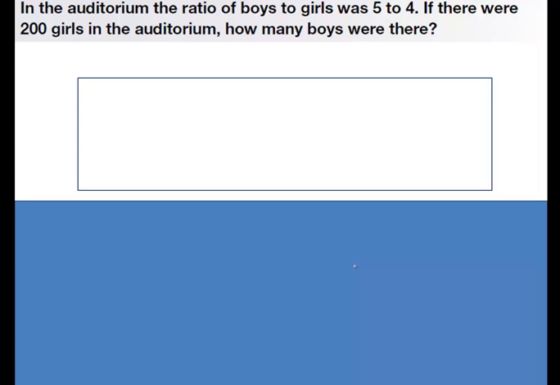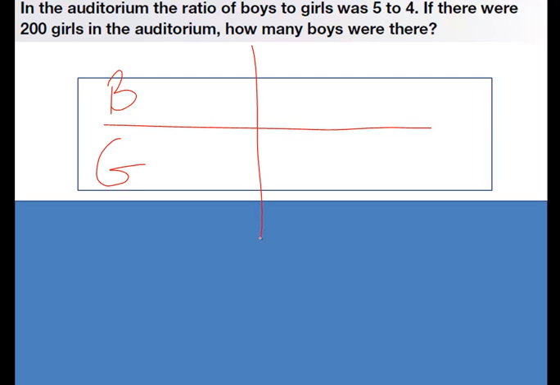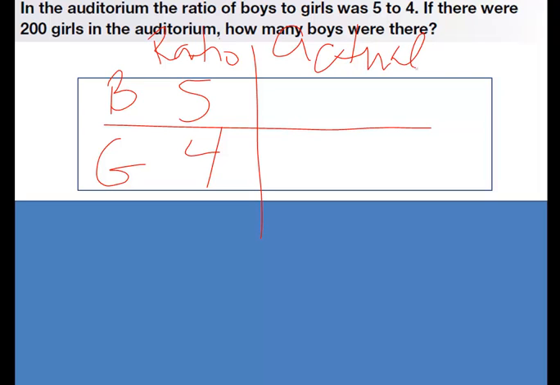So first thing I'm going to do is pull out my boys and my girls. And my ratio of boys to girls is for every 5 boys, there are 4 girls. That's my ratio. Okay, now my actual numbers, forgive my handwriting, is that there's 200 girls. So now how do I solve it?